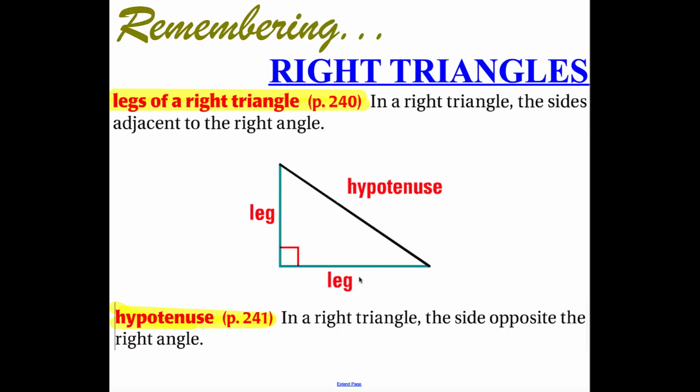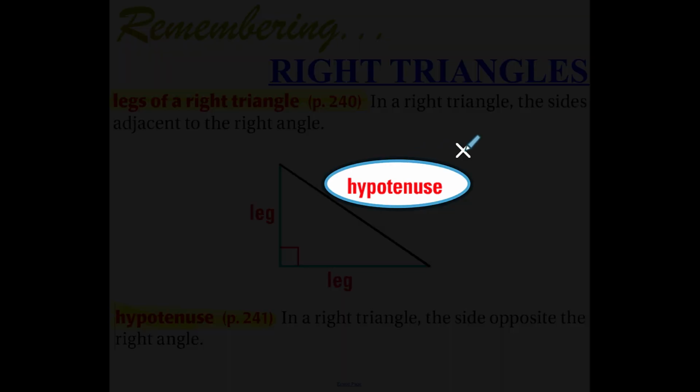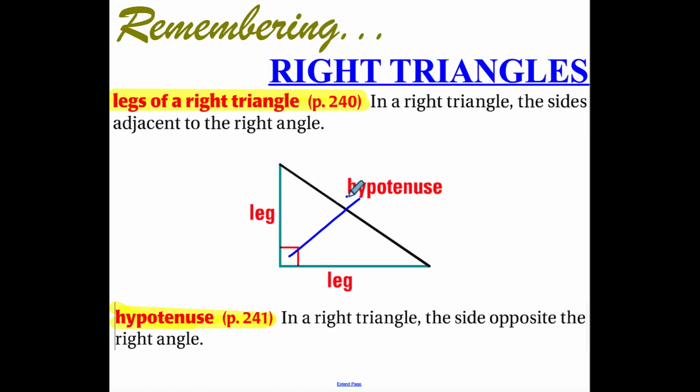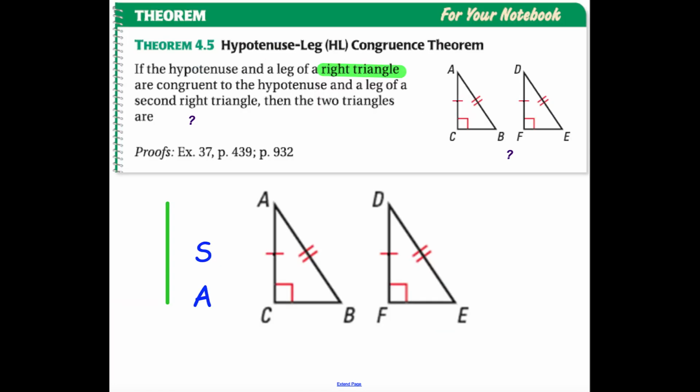And then the hypotenuse, of course, is the famous side that's opposite from or across from the right angle, okay? So what the HL theorem is going to tell us is that if I have two right triangles where one of the legs is congruent to one of the legs in the other triangle, and the hypotenuses of the two triangles are congruent, then I have, you guessed it, congruent triangles.